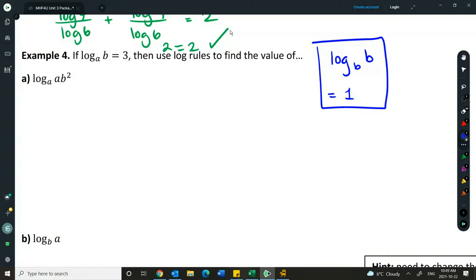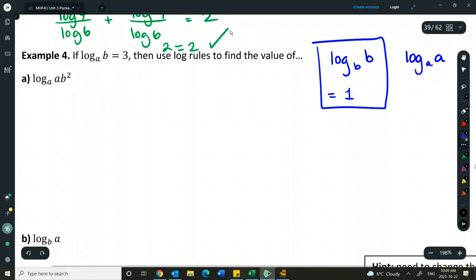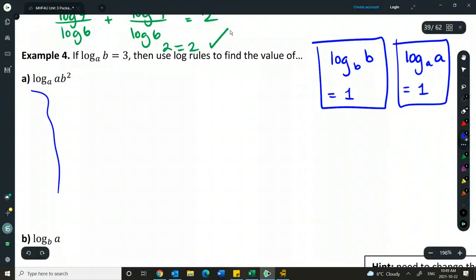Really what this is saying is, something to what exponent gives us back itself? Well, something to the exponent 1 gives us back itself. So we should also be aware that log base b of b equals 1. And also, if I had log base a of a, same thing, right? As long as the bases are the same, that should equal 1. So I'm just going to make note of that for our question here, just in case we come across that in our travels.